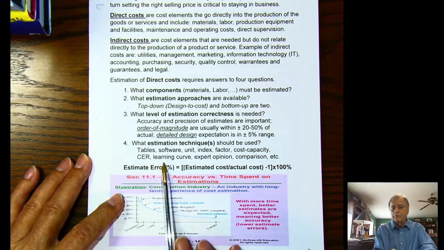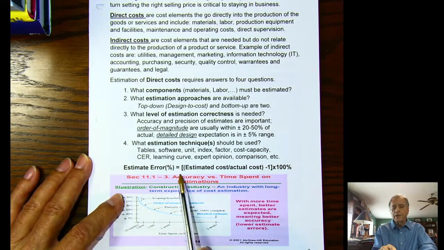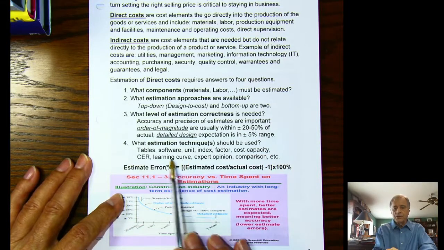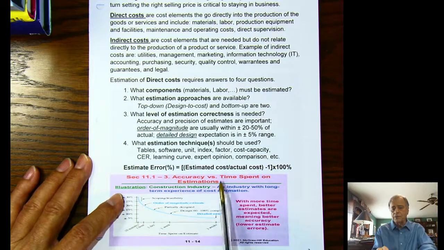All of these things were part of our statistical cost estimating relationships for creating basically military aircraft. Learning curves, that is, as you produce more and more of a product, you get better and better, you get more efficient. And so the learning curve method is a method of estimating cost. Expert opinion, and then comparison.